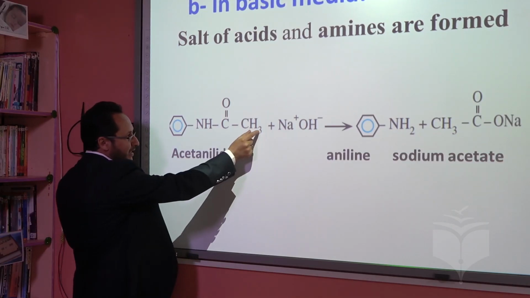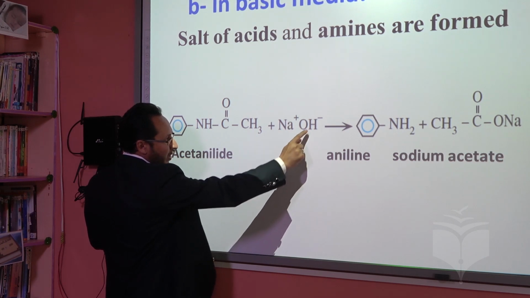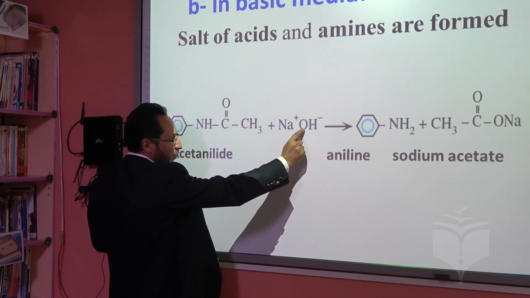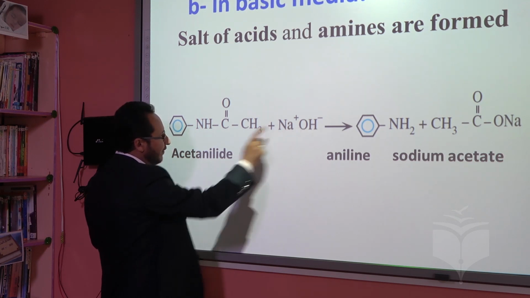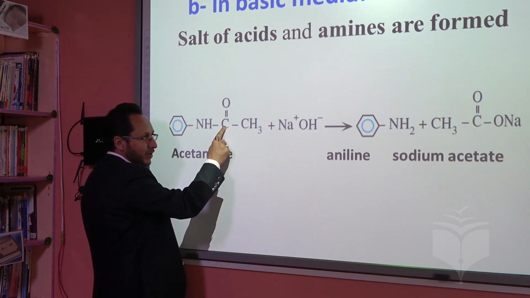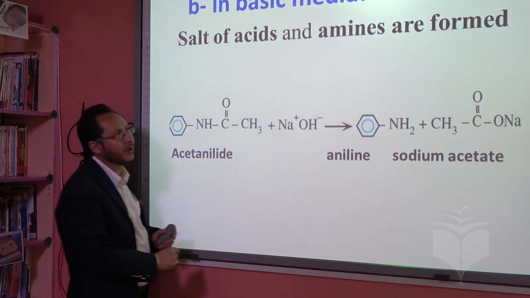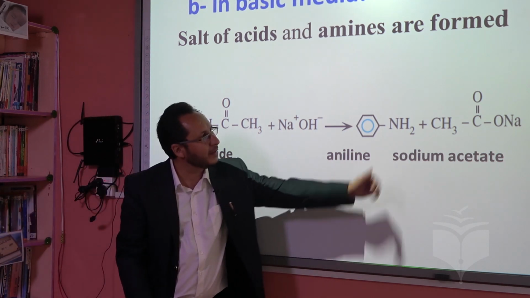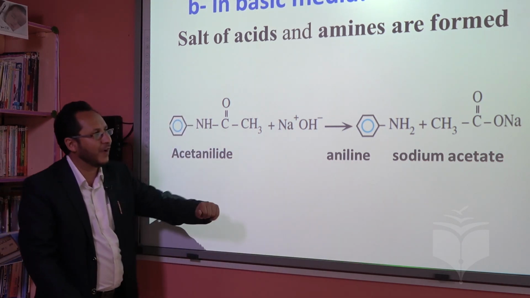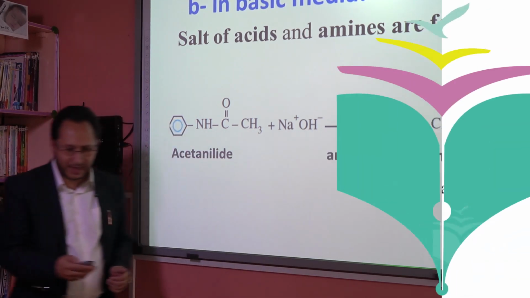Here we have CH3C double bond O, and here we have NaOH. I cut between O and H, so you have to join from the O. Here we have CH3C double bond O, ONa. So this is sodium acetate as a salt of acid. And this is amine, but here it is aniline.